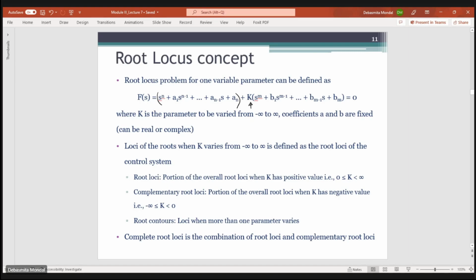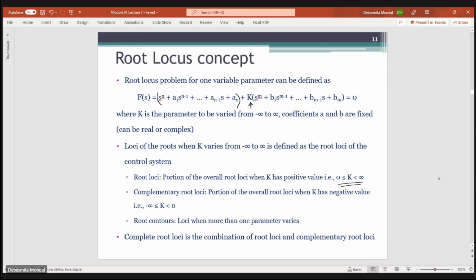Mostly, whenever we draw the root locus, we will consider k varying from 0 to infinity. The complementary root loci is just a mirror image of this root loci. So if we mention root locus, we are referring to the locus when the value of k is positive, that is from 0 to infinity.